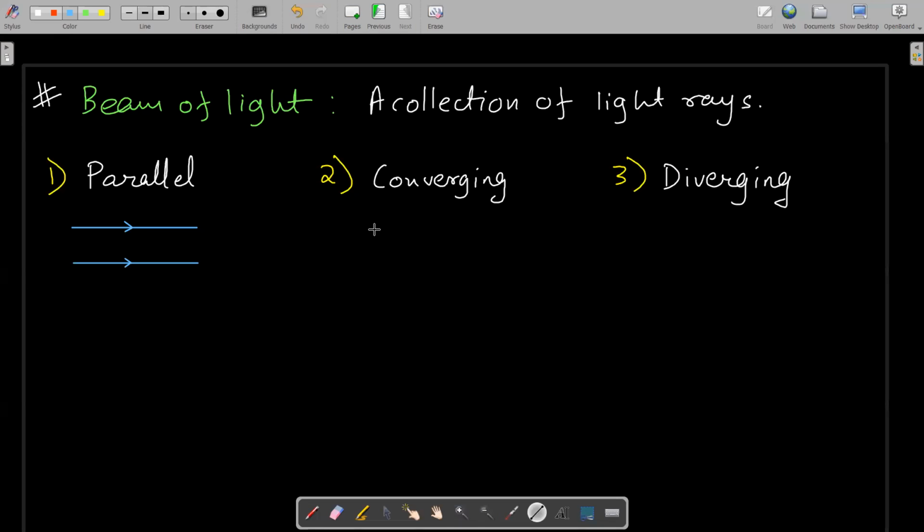And converging rays मतलब they are moving towards a particular point. इस तरह से रहेगा. Now, it's not necessary that they have to meet. They may or may not meet.